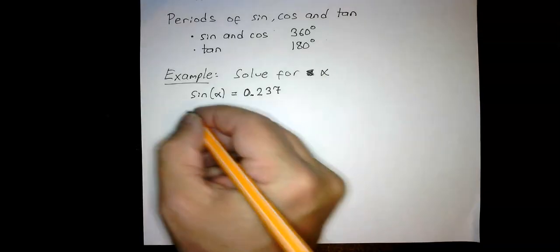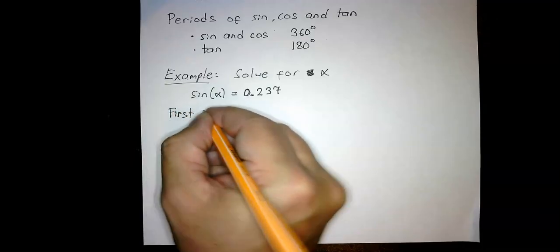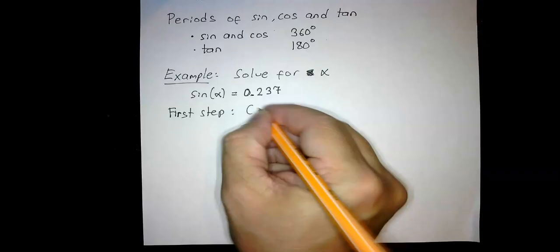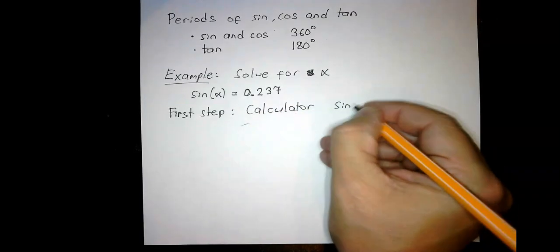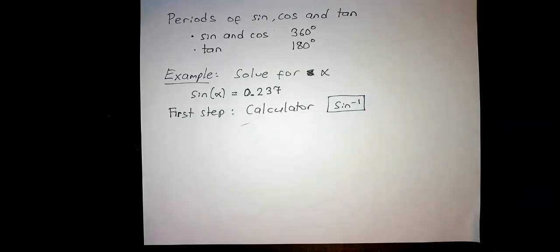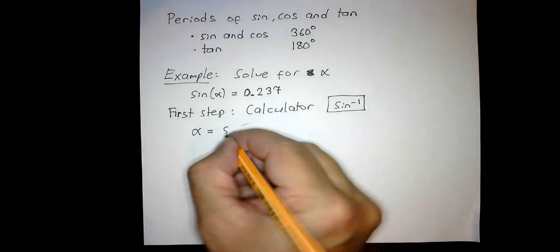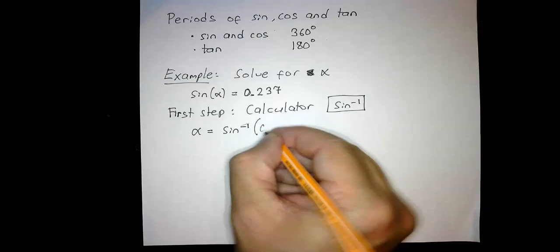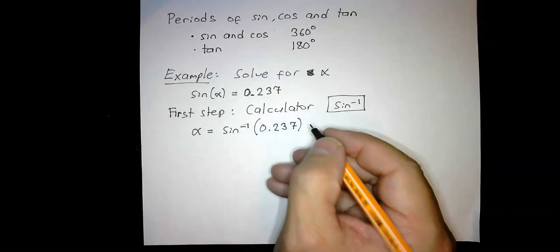So in this first step, calculator, and then there we use this inverse sine of 0.237.